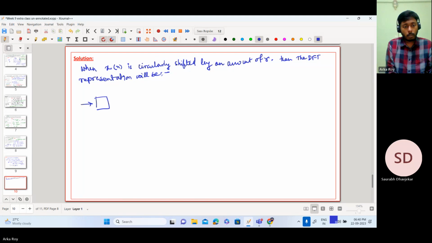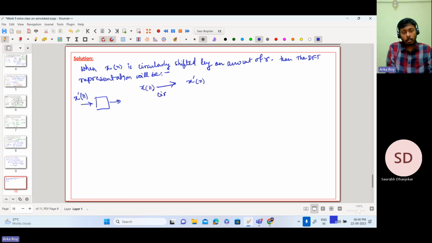So let me first do a circular shift of x(n). When I am shifting x(n) in a circular shift fashion, x(n) by using circular shift becomes x'(n).